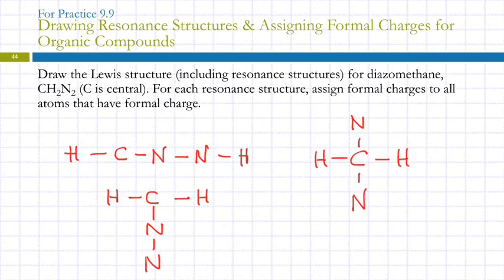Going from left to right, we want hydrogen, carbon, nitrogen, hydrogen, and then under the carbon, another nitrogen. So just switching nitrogen and hydrogen. Okay, so that is just a different structure.